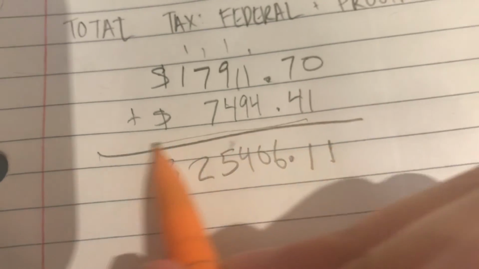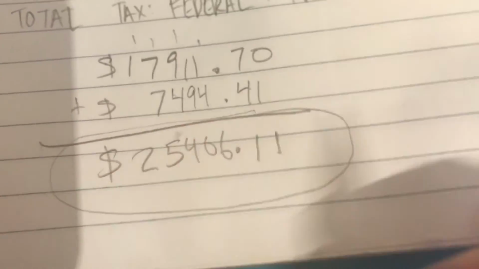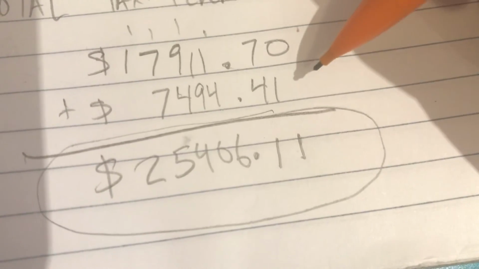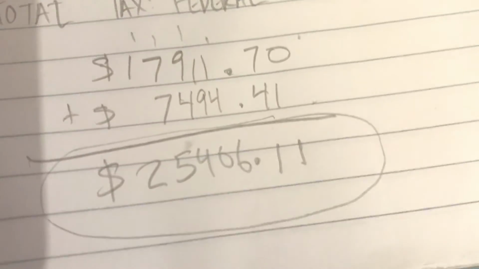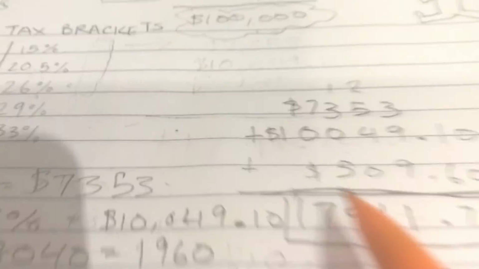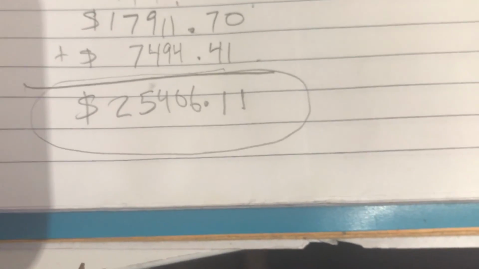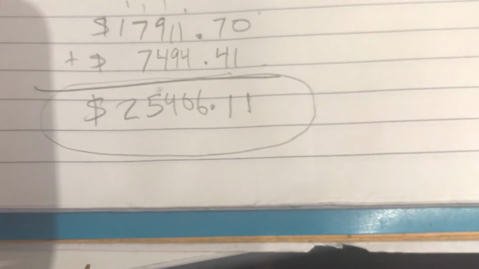Cool, so this is our total tax, an addition of our federal tax and our provincial tax. Out of the $100,000 that we had to be taxed on, $25,406.11 of it goes to the government in order to fund the essential services they provide.